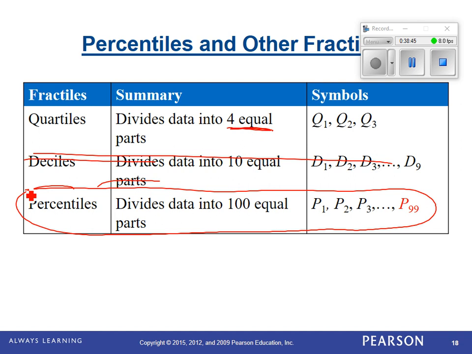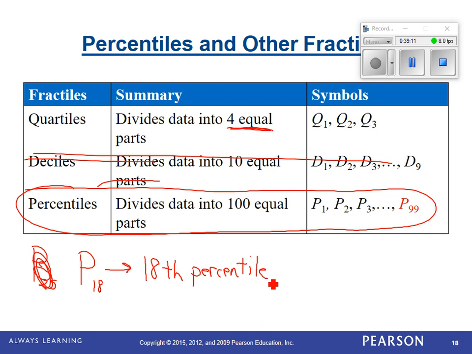Something else you might want to write down with it: anytime you see P and then a little subscript with a number, that is read 18th percentile.